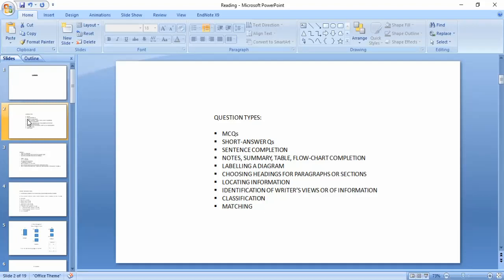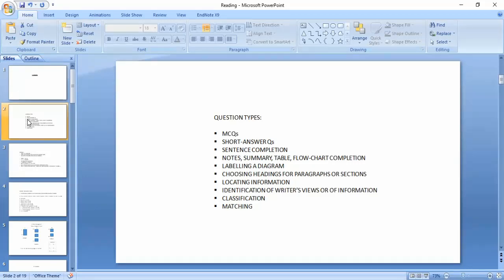Another type of question in the reading is the short answer questions, where you have to give your answer in a word or two. Another type of question is sentence completion, where you have to complete a given sentence based on the information derived from the reading passage.